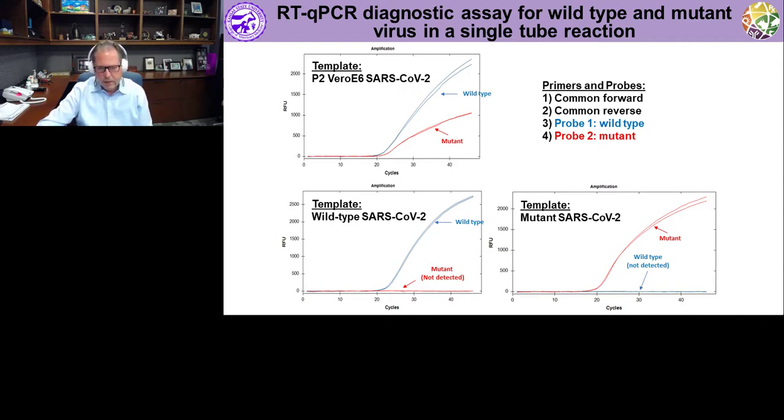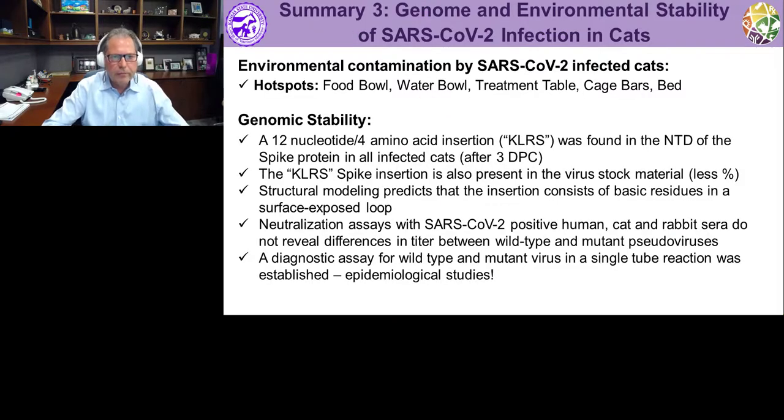And if we have plaque purified mutant virus, it only recognizes the mutant virus. So this RT-qPCR diagnostic test is able to differentiate highly specifically and sensitively between the mutant with the insertion and the wild type virus. So this brings me to the end of this part.